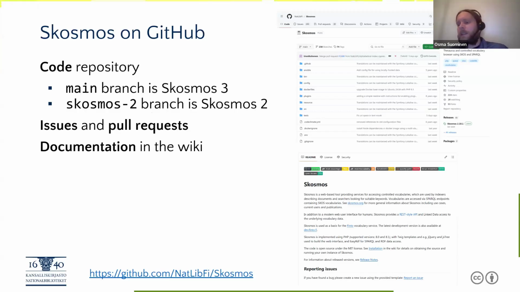We do as little changes as possible, but sometimes we do need to fix things, and we actually did a release quite recently because we had some new functionality there. So if we do changes to Skosmos 2, that will happen on the Skosmos 2 branch, but otherwise we are working on the main branch.